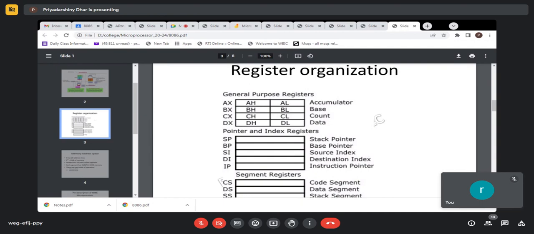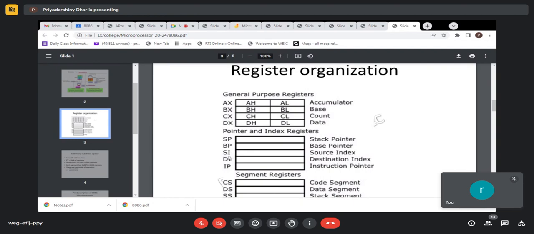Now the source index register and destination index register. The source index register is generally used to store the offset address of data.